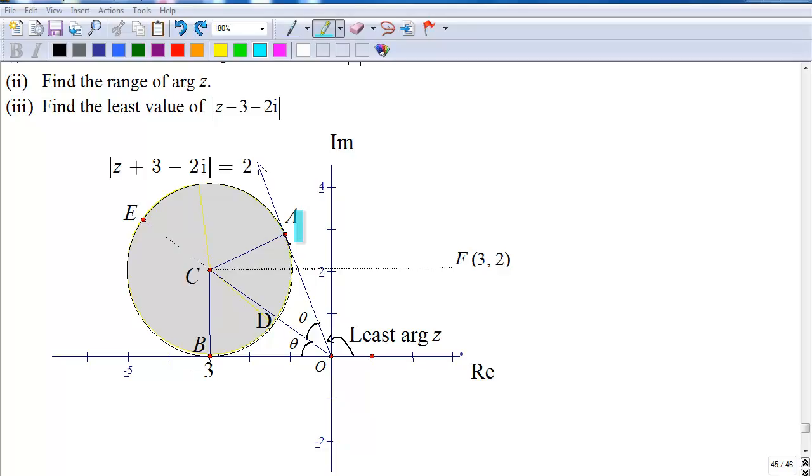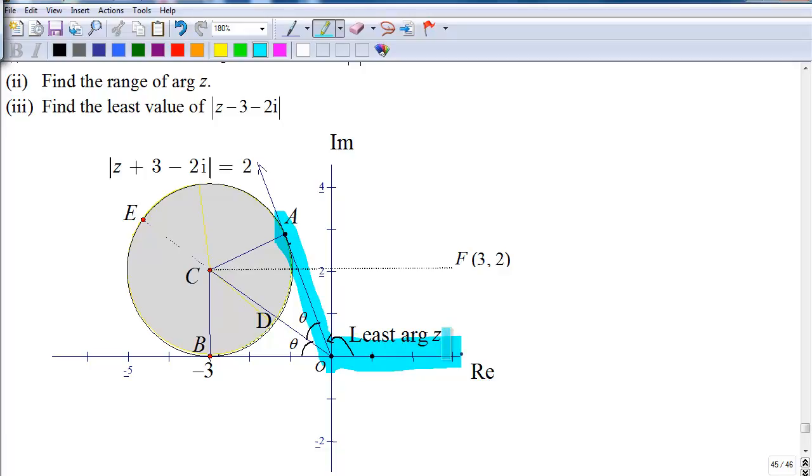If you think about this, and the possible values of z are points on the circle as well as points inside the circle, then you can easily see that the least angle that I can find will be the angle that AO makes with the real positive axis.